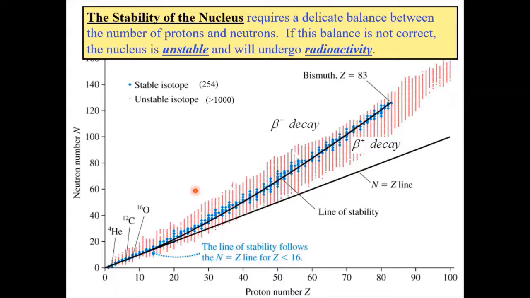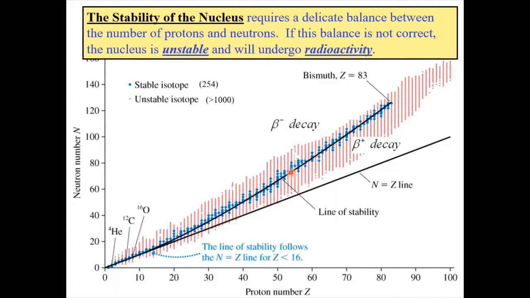I won't go into the details of this graph again, but basically there's just a thin region of stability, which are all the blue data points shown here. There are about 250 stable isotopes of all the various elements. And notice that the region of stability is very narrow on this graph. It's just a thin stripe.